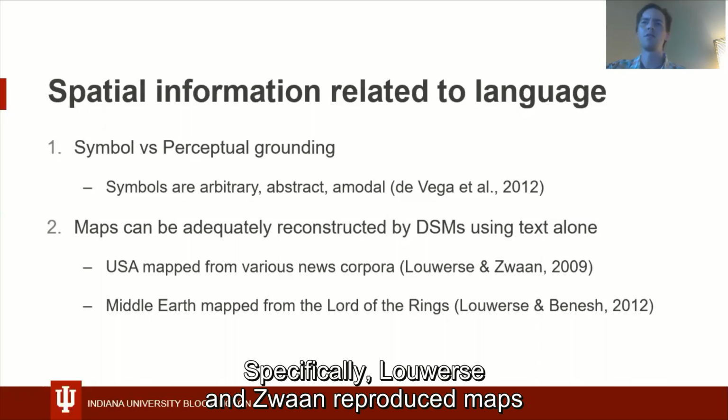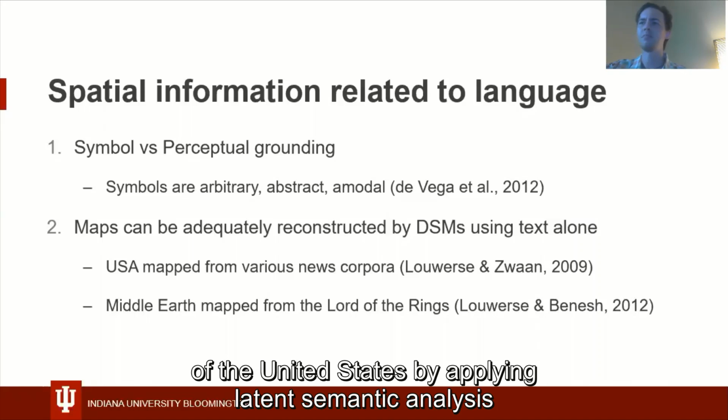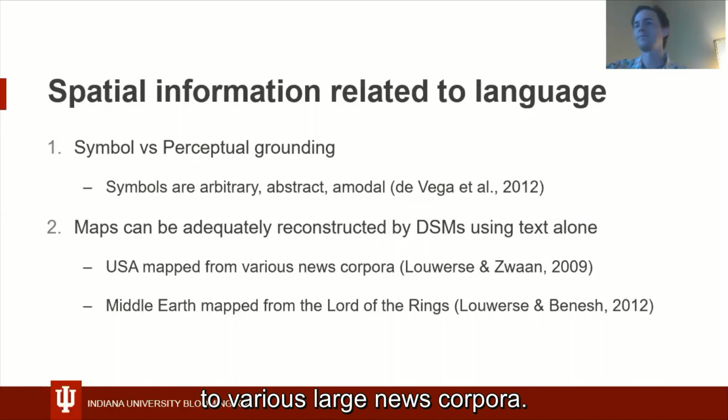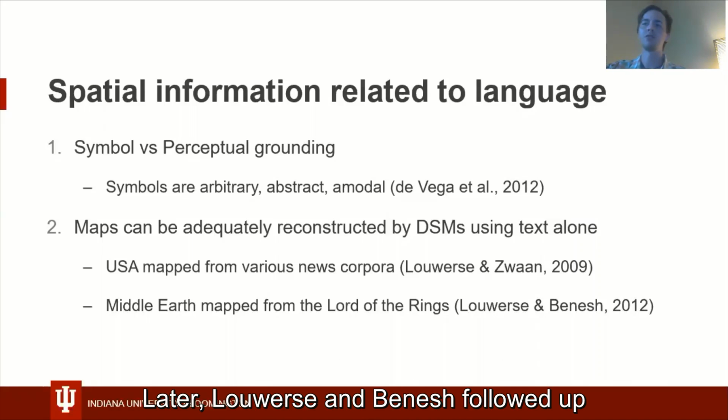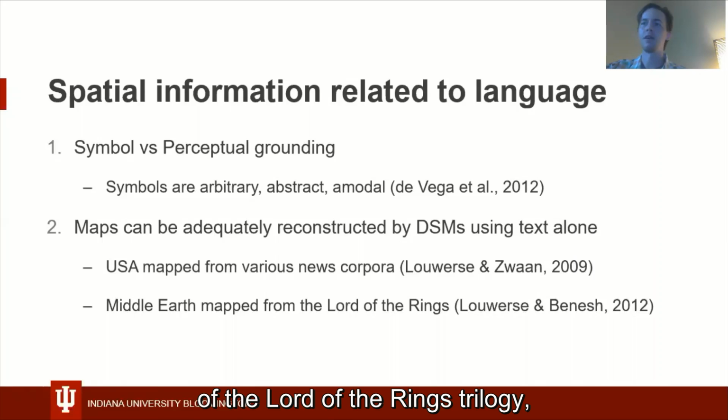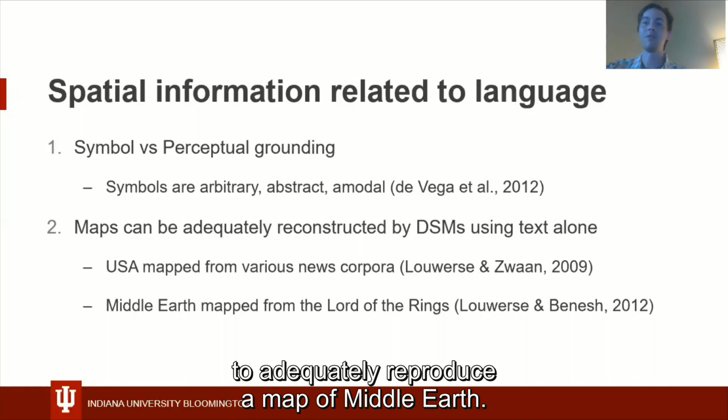Specifically, Louwerse and Zwaan reproduced maps of the United States by applying latent semantic analysis to various large news corpora. Later, Louwerse and Benesh followed up with a study demonstrating that even with the relatively small corpus of the Lord of the Rings trilogy, latent semantic analysis was able to adequately reproduce a map of Middle-earth.